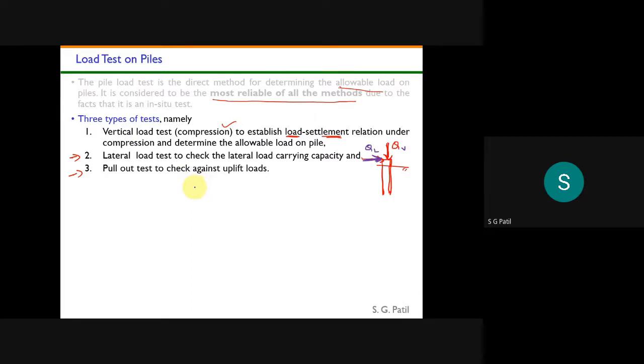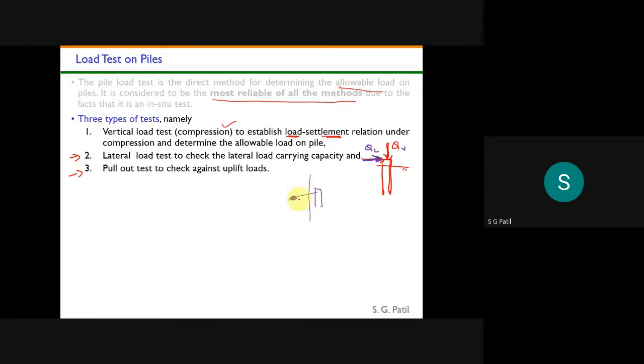If you have visited a port structure, once a boat comes, you have to anchor these boats. To anchor them, there is a very huge anchor facility, and that facility will be supported with piles. Those piles will be subjected to pull-out load.